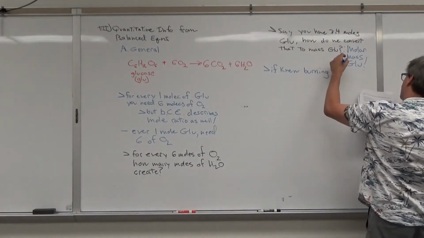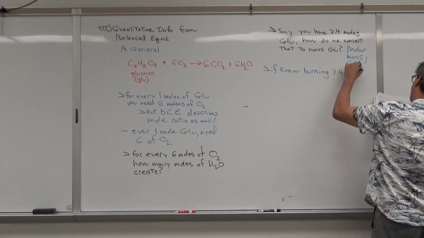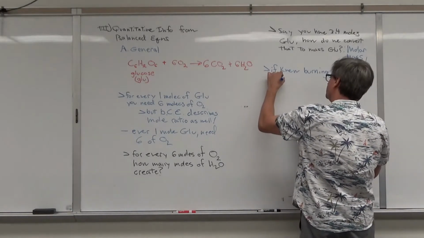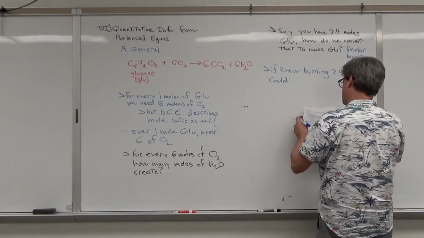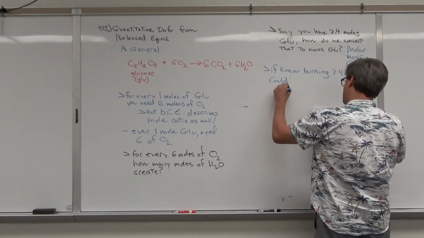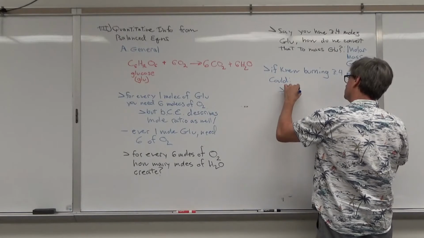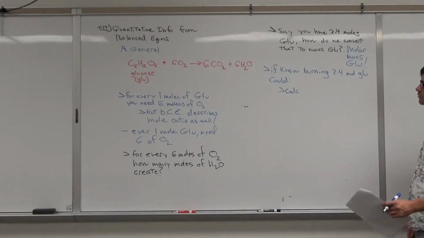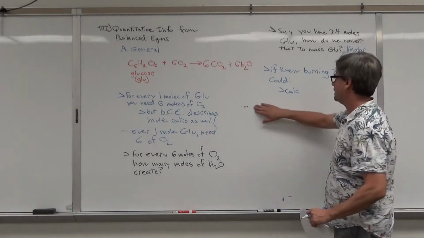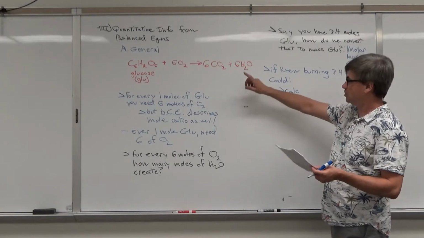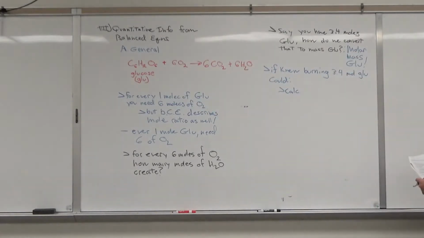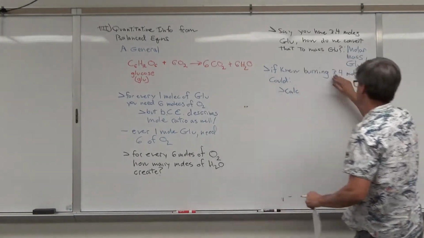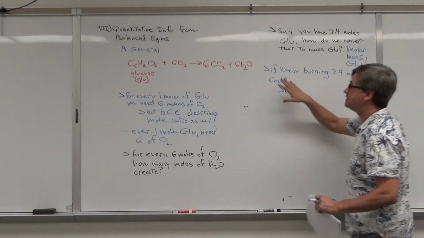If we're burning 3.4 moles of glucose, we could calculate theoretically how many moles of carbon dioxide we will create. It's the same kind of process that we were doing over here, except now this isn't such a convenient number, but this still gives us the ratio.